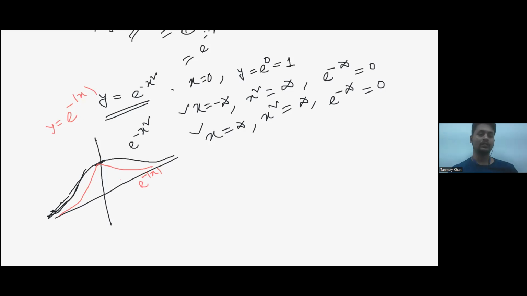So the question is how you can draw both the plots in a similar graph. It's nothing but this: x squared at infinity is 0, and whenever this is plus or minus 1 or 2, it will go like this and this. So this is like a basic graph.